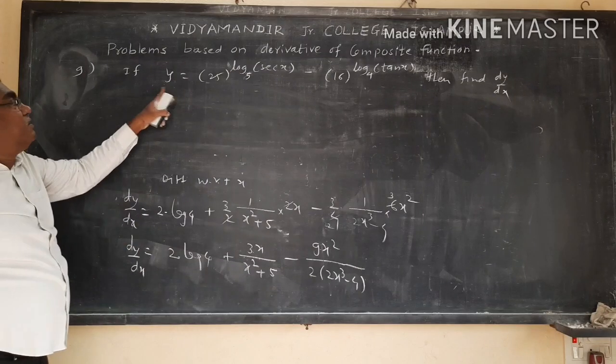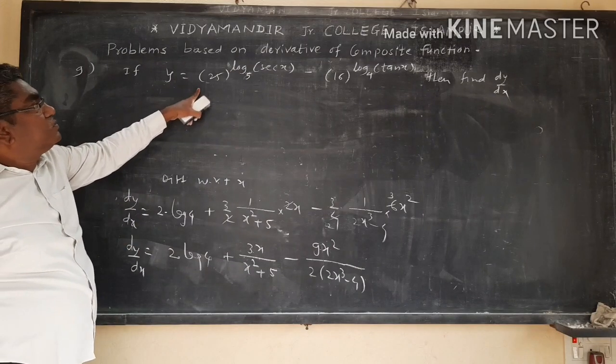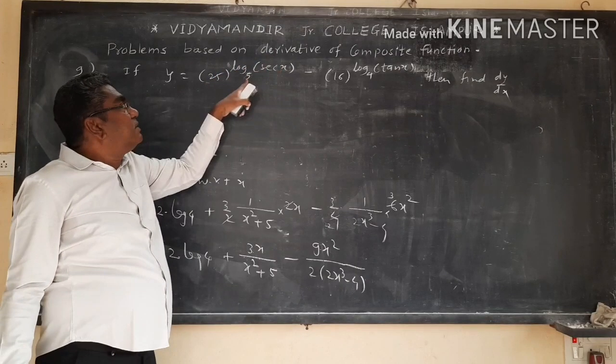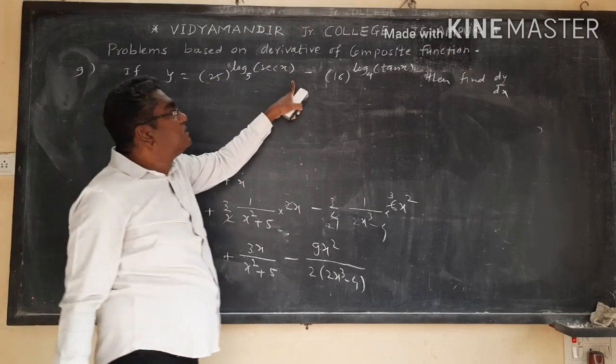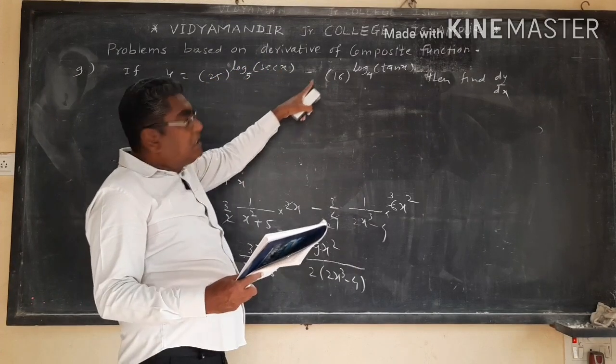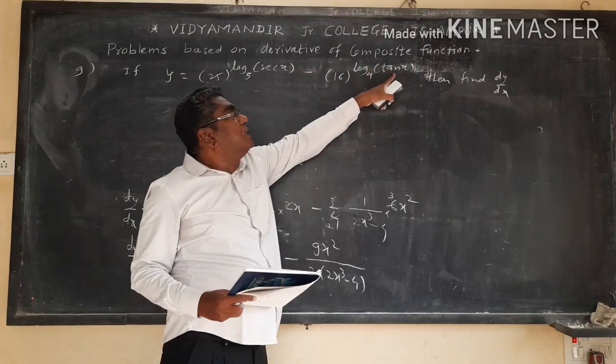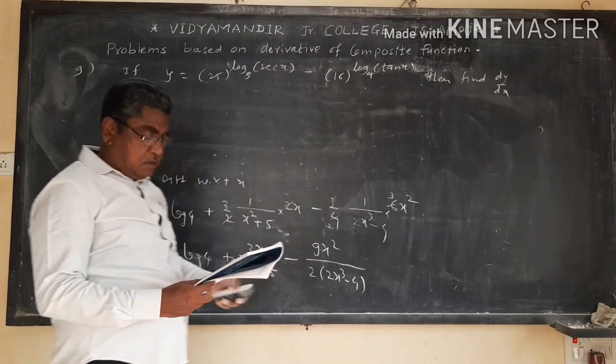Y is equal to 25 raised to log sec x to the base 5 minus 16 raised to log tan x to the base 4.